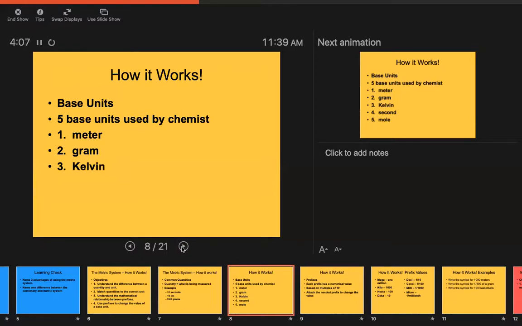Kelvin is also a scale for temperature. It measures particle movement, so there are no negative numbers in the Kelvin scale, which is why we embrace it in the metric system. Seconds, which of course measure time. And then last, but definitely not least, the mole. And sometime next week, you will know all about the mole.